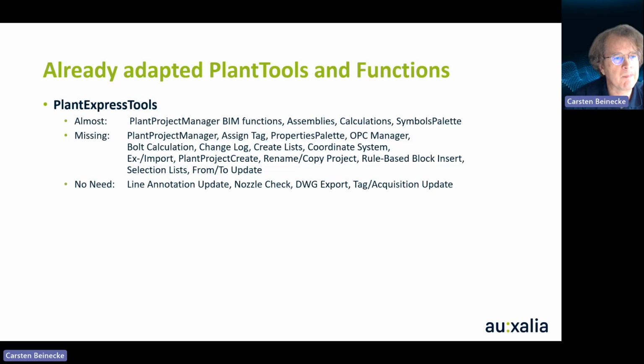We are currently handling the files, but there are some finishing touches missing, and I don't want to list all the functions. As you may or may not know, Plant Express Tools are 22 different functions.